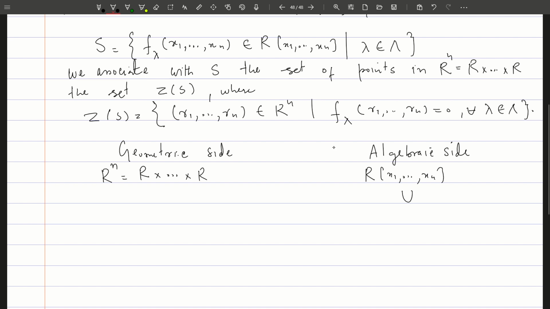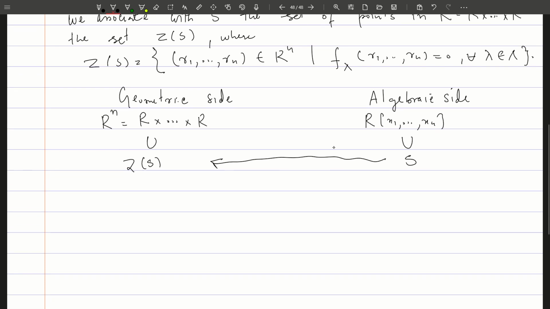We consider here a set, say S, of polynomials in R, and corresponding to this set we get a subset Z(S) in R^n, which is just the set of common zeros of the polynomials in S. So the main purpose of algebraic geometry is to study this interplay between these two objects: how to translate algebraic properties of this set into geometric properties of this set and vice versa.